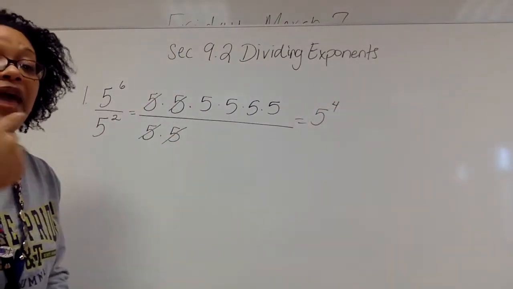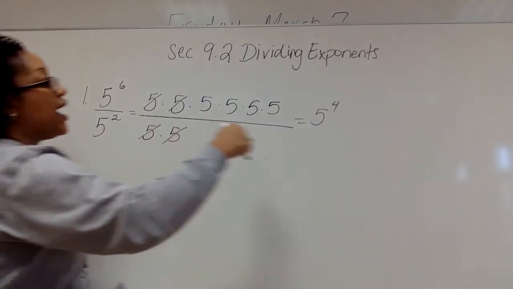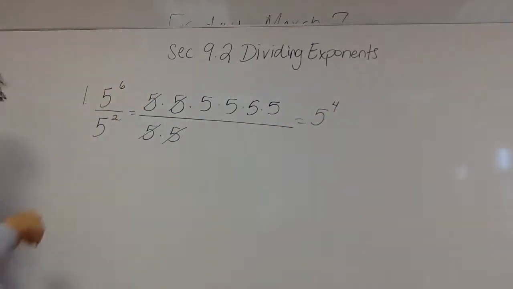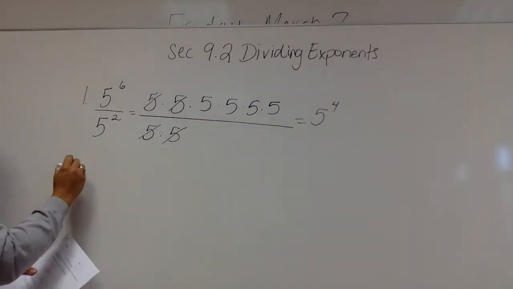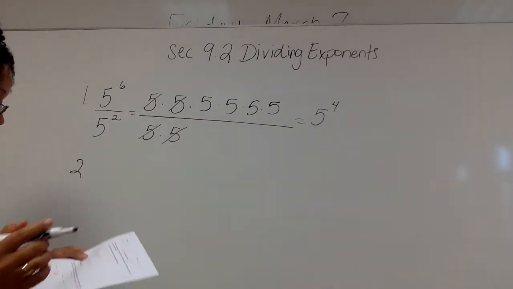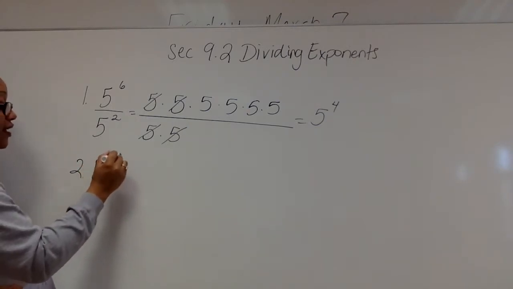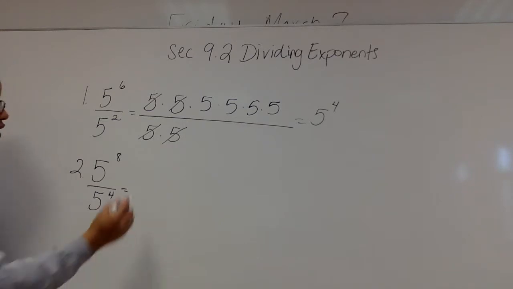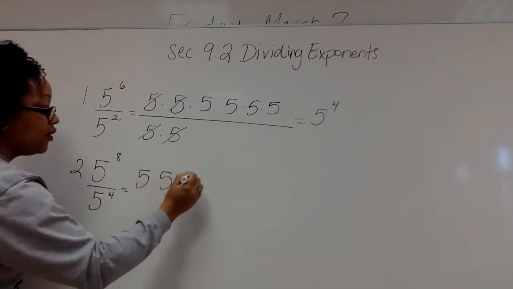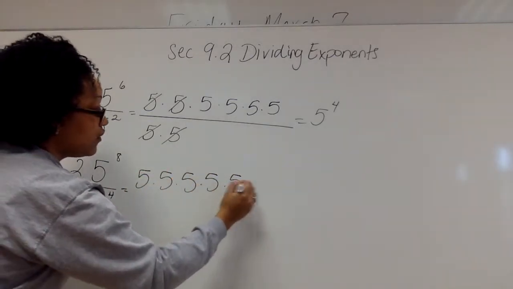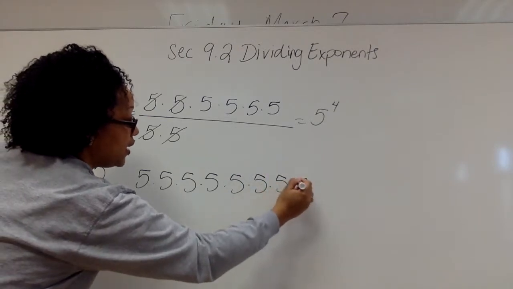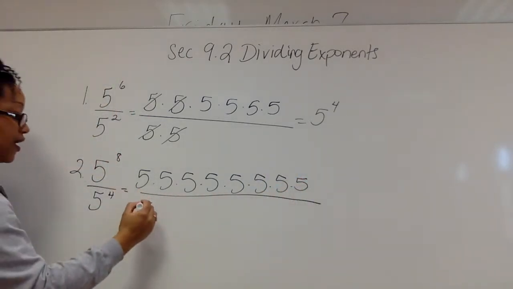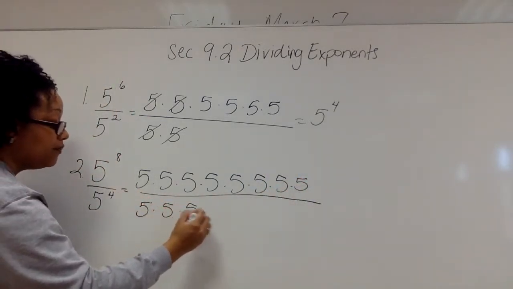Now, there is a pattern between how I ended up with a 4 and the exponents that I started with. Let's look at another one. We're going to stick with base 5. If I have 5 to the 8th divided by 5 to the 4th, well, I could expand that out. That's 8 5s on top, 1, 2, 3, 4, 5, 6, 7, 8, divided by 4 5s on the bottom.